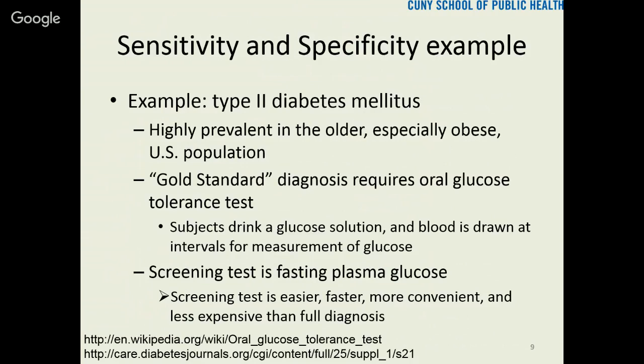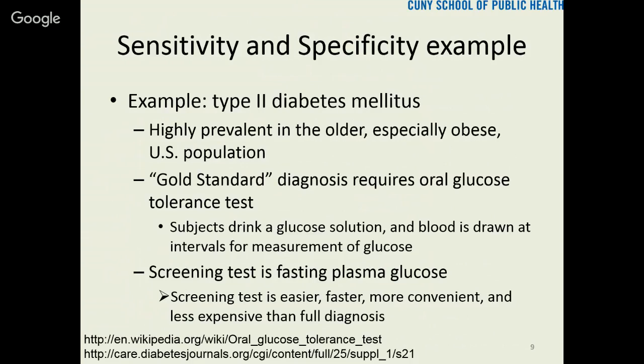So let's get a little bit more visual with these, with another example of type 2 diabetes mellitus. This is a disease that has high prevalence in certain populations, especially elderly obese populations, and much lower prevalence in other populations.